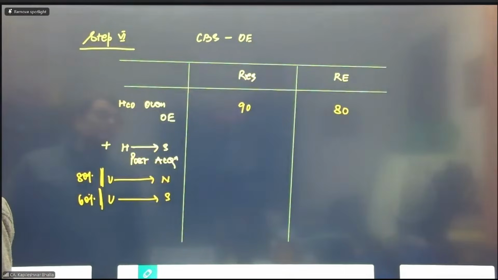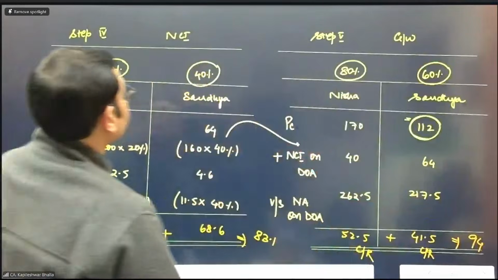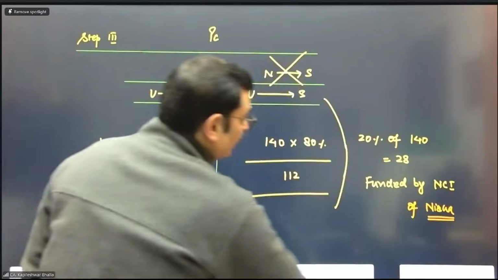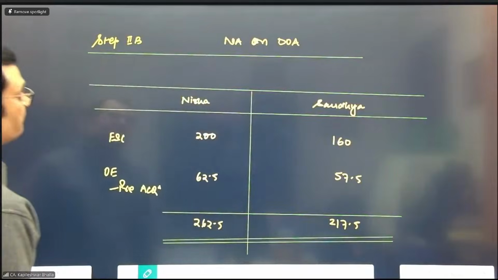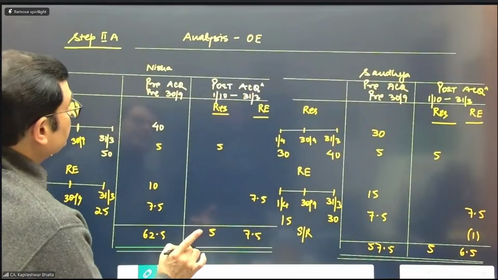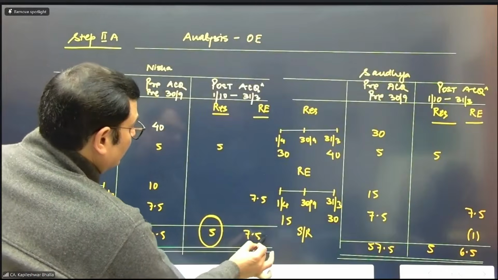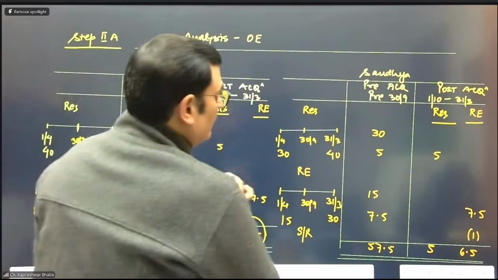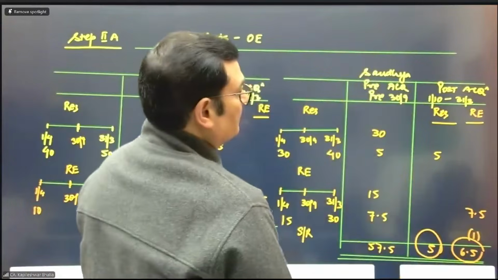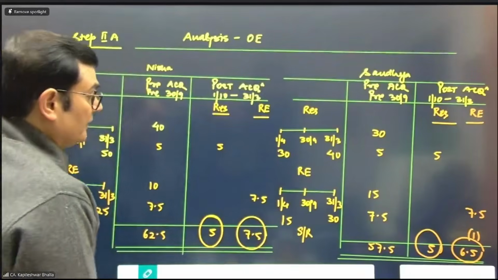Now let's consider the post-acquisition share, step number 2A. In step number 2A, we get the post-acquisition share. We'll take it separately. So we'll take 20% of this, 20% of this separately. We'll take 40% of this and 40% of this separately. Reserve in reserve, RE in RE.